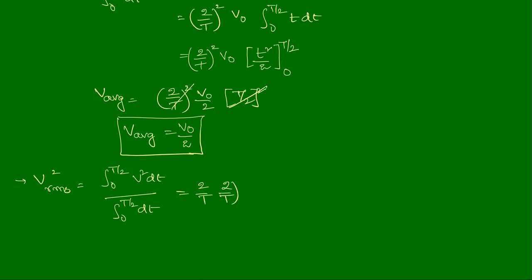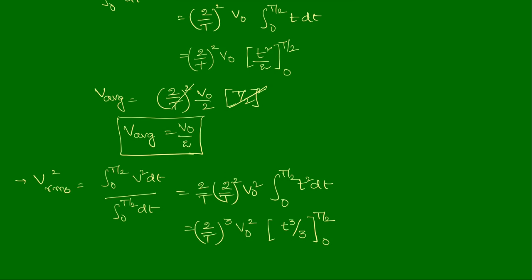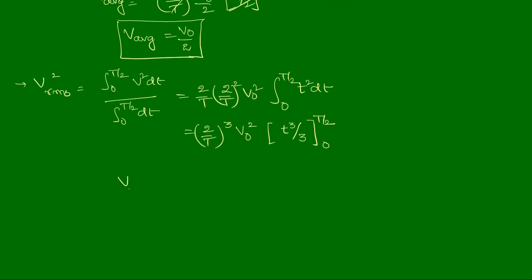I can write 2 by T whole square V naught square outside, integration of 0 to T by 2 t square dt, so that we are having 2 by T whole cube V naught square into t cube by 3 within the limits 0 to T by 2, or VRMS square we can write like this: 2 by T whole cube into V naught square by 3 into T by 2 whole cube.